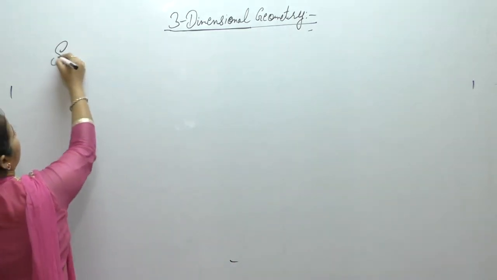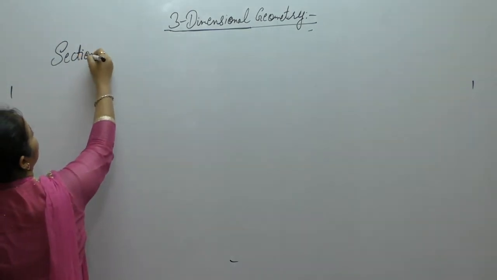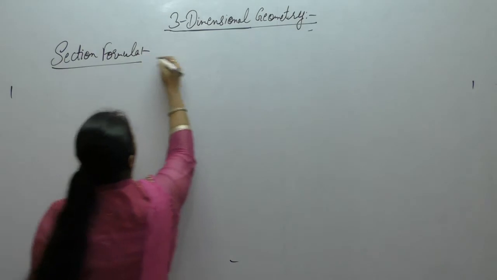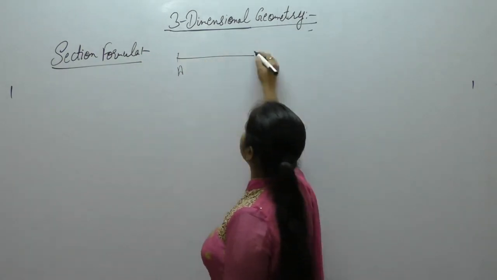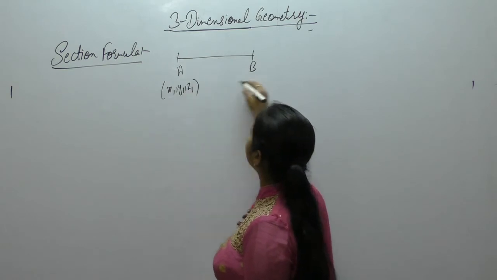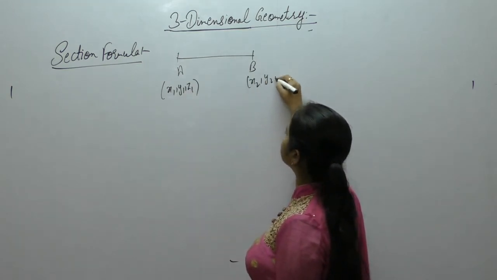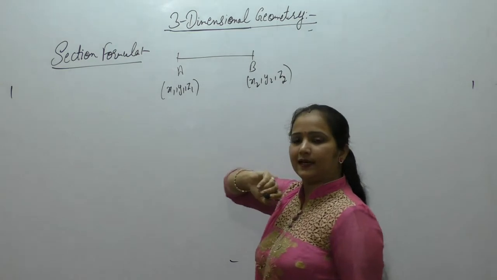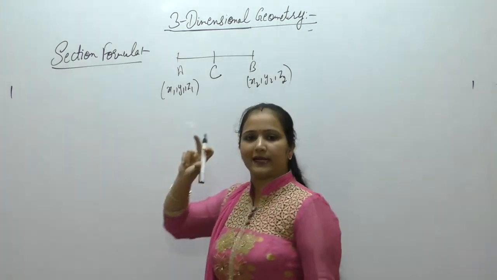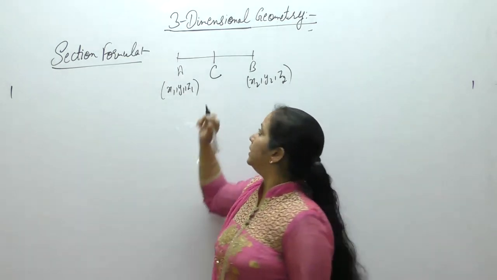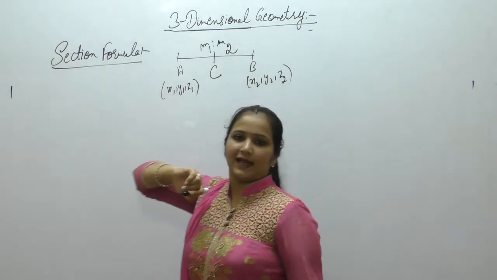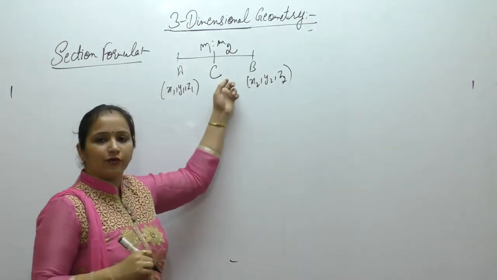अगर हम नेक्स्ट फॉर्मूला की बात करें, सेक्शन फॉर्मूला. Let I have two points A and B whose coordinates are x1, y1, z1 and x2, y2, z2. If there is any other point, say C, which divides line segment AB internally in the ratio m1 to m2, then what are the coordinates of point C?